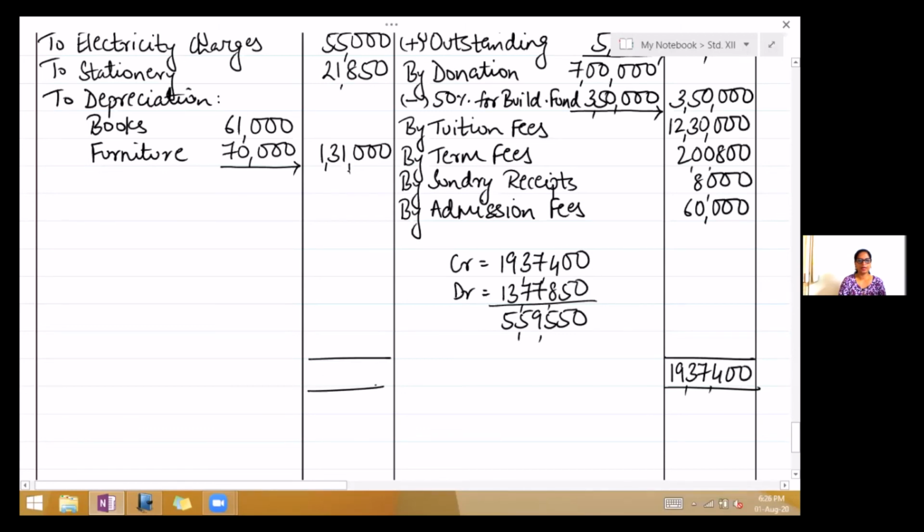Same on the debit side, 19,37,400. Debit is less, so on the expenditure side, write to surplus 5,59,550. Now this surplus will be added to capital fund.